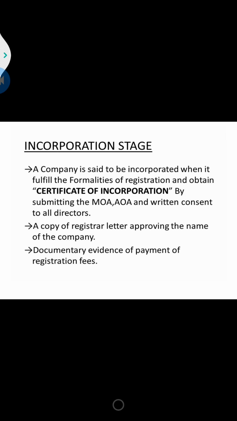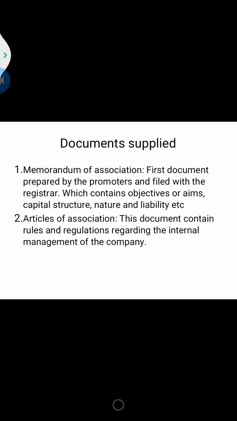To form a public company, we should have at least 7 members, and to form a private company at least 2 persons are required. And the purpose for which the company is going to be incorporated should be lawful; it should not be illegal.